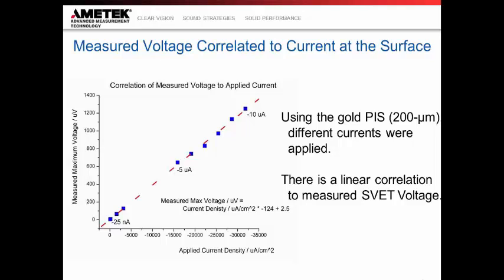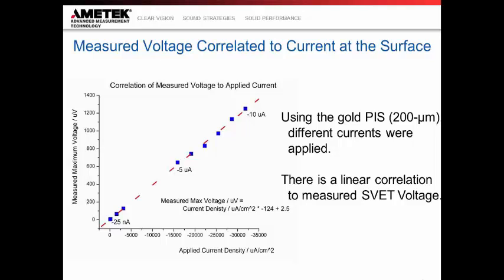So again, I get to employ that gold wire test sample, and I'm going to apply different current levels to that piece of gold. First, I did 10 microamps, and then I started reducing that value. What that's going to do is I'm going to plot on the y-axis the maximum measured voltage, and on the x-axis the amount of current that I applied to get that measured voltage. And we can do a linear fit.